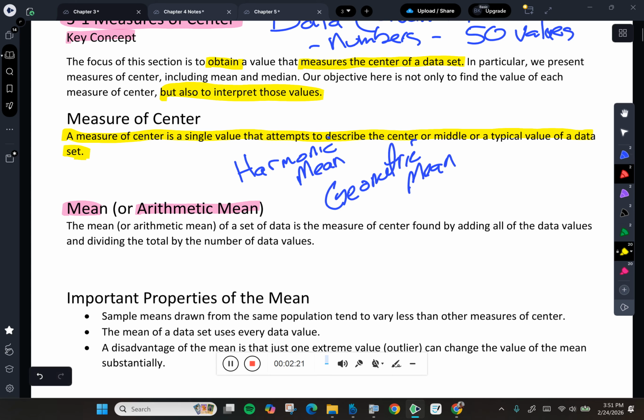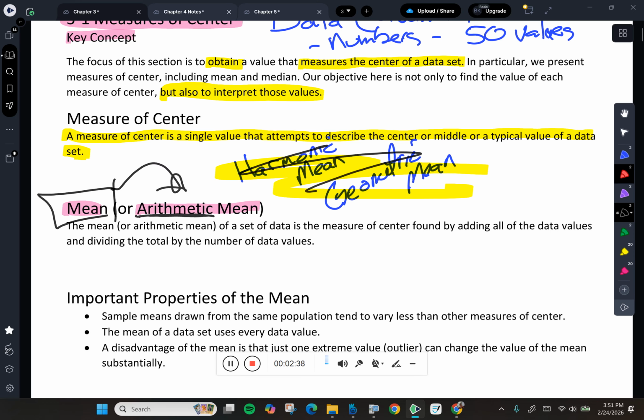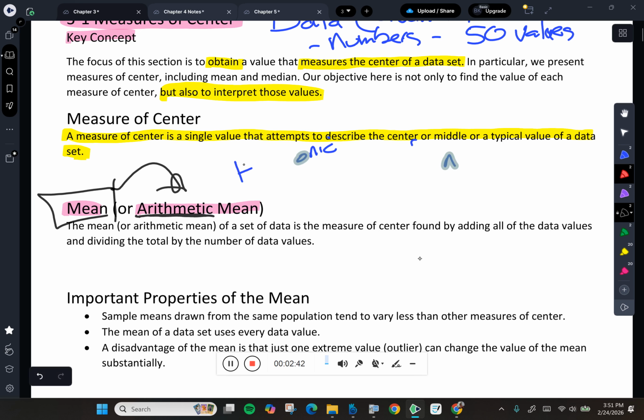Now, these two we don't cover in this course. They're outside the scope of what we do here. But if you're wondering why they go to the trouble of specifically saying that this is the arithmetic mean, it's because there are two others. For our purposes, whenever you see the word mean, just think arithmetic mean. Don't worry about those because we're not going to cover those here. Okay? So you don't have to worry about what they are, or how one would use them, or what they mean, or any of that.